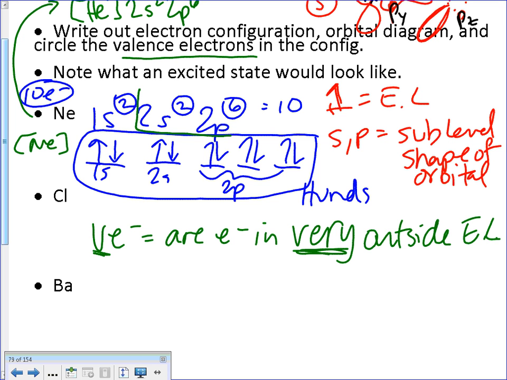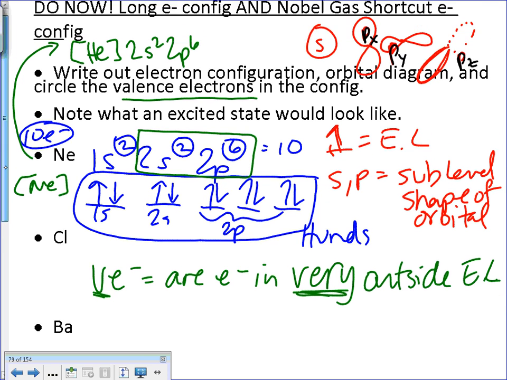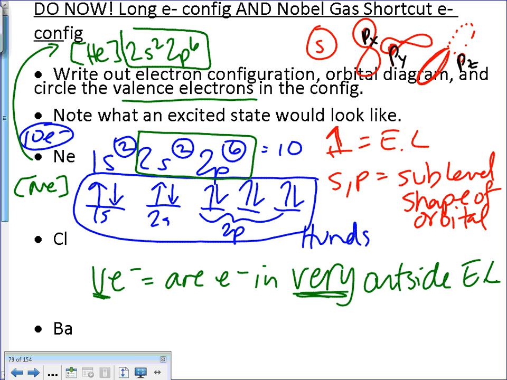These 8 right here. 2 plus 6 is 8. The valence electrons are simply where the outer shell is, the outer shell being the valence shell, and you count the electrons in it. That's it.